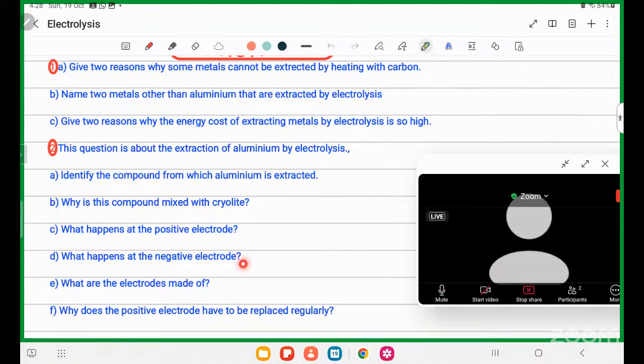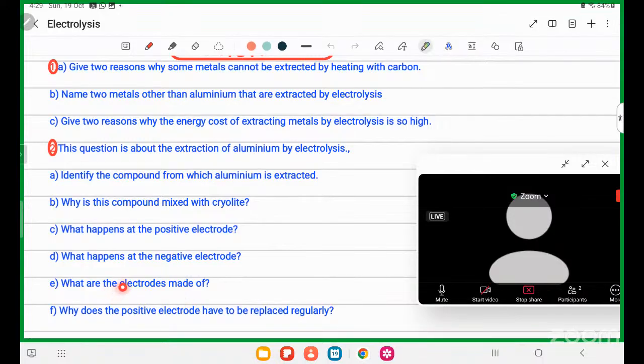So aluminum will be deposited, right? And that is where you get your molten aluminum. Okay, so that is what we are expected to tell, because the question is about extraction of aluminum by electrolysis.